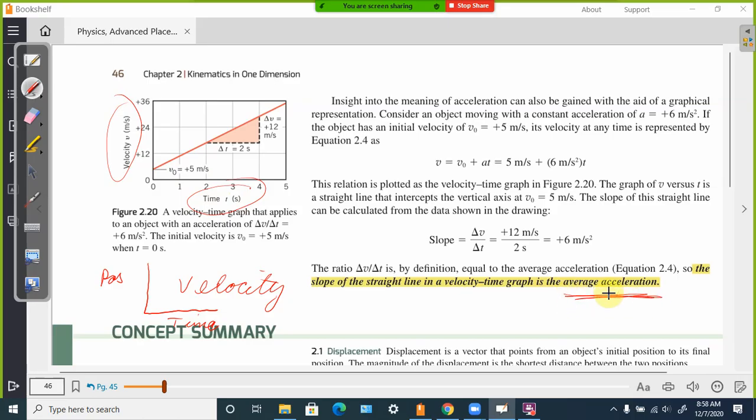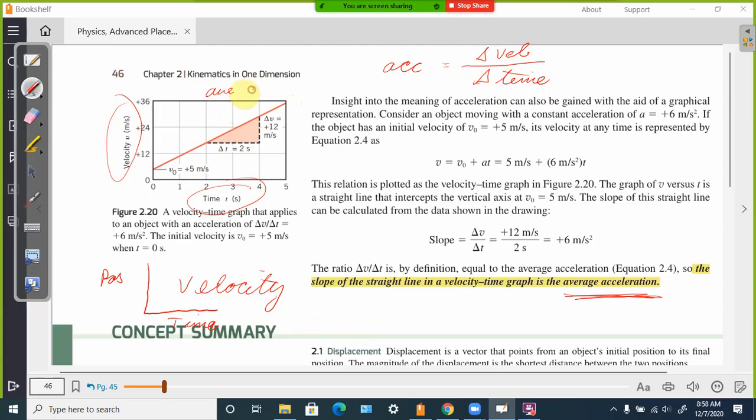Because we've talked in previous sections about acceleration being my change in velocity all over my change in time, that was acceleration. Well, then it only makes sense here that I'm talking about velocity versus time on a graph, finding the slope of that, and this is going to be my average acceleration, right?